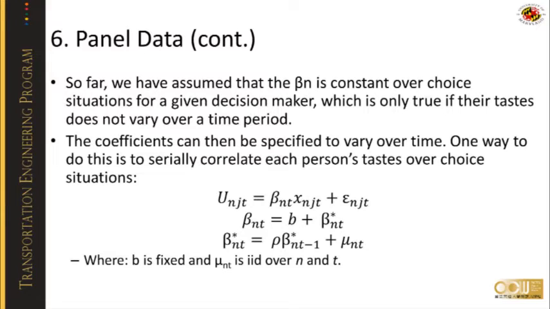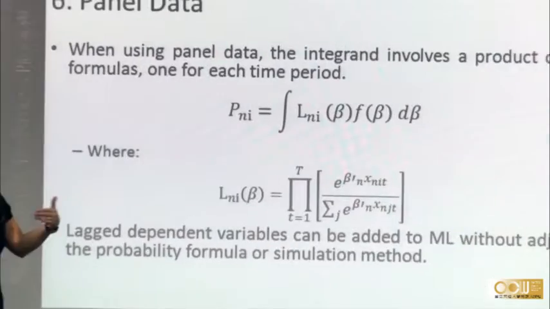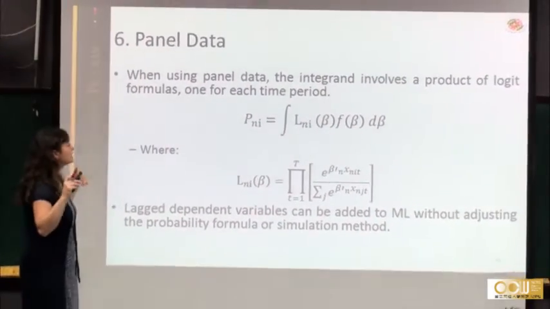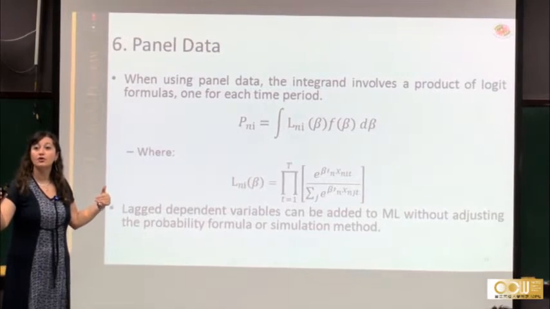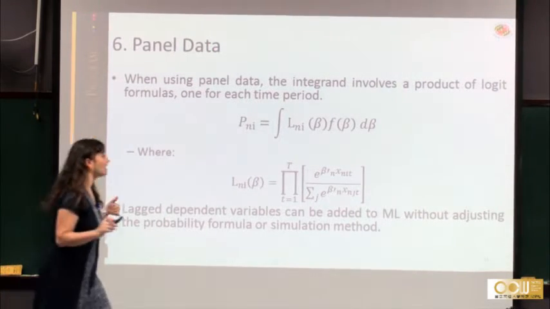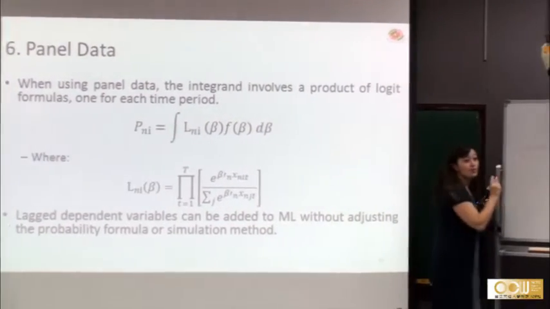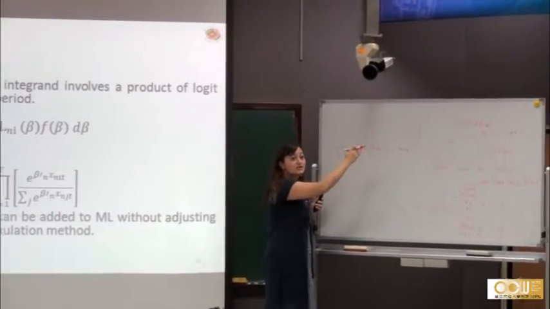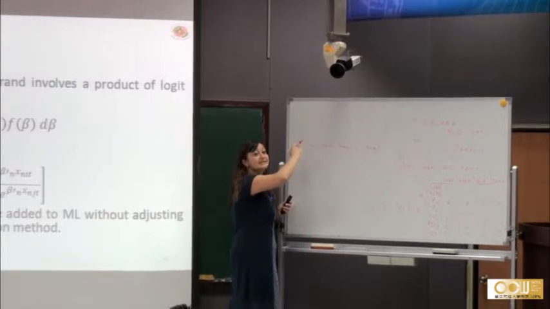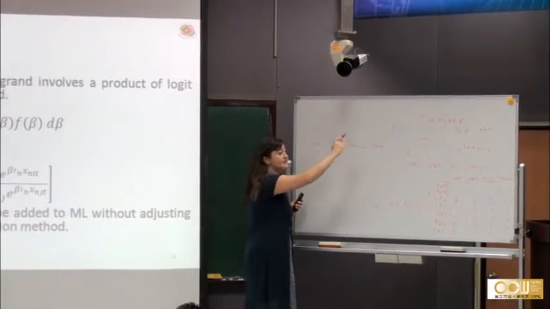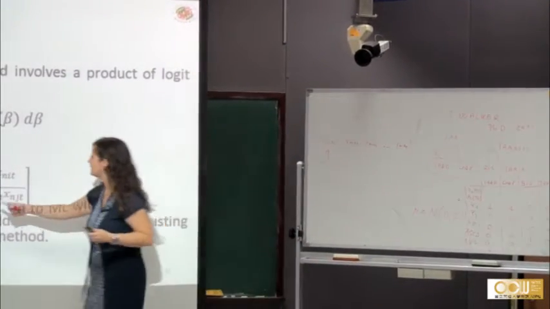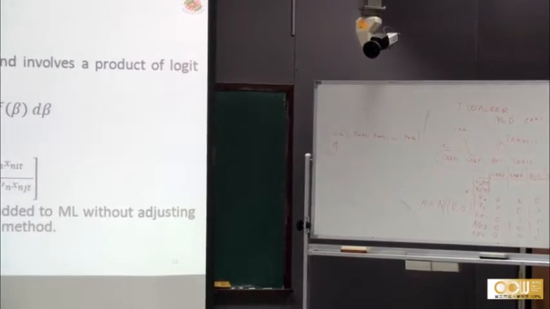So the probability of observing this sequence of choices is the product of the logit formula. So instead of analyzing each of these choices, we observe the sequence. So the probability is the product of this choice probability over time.